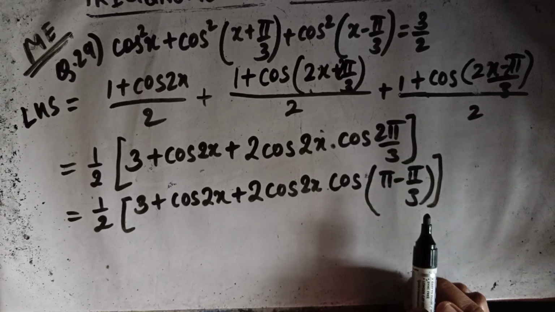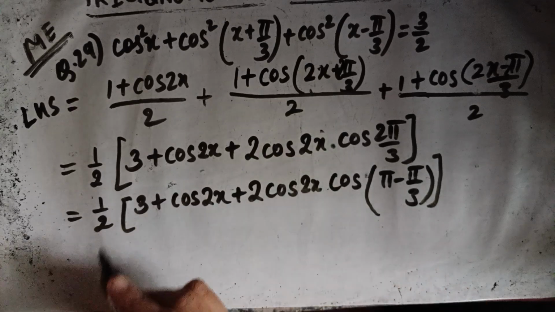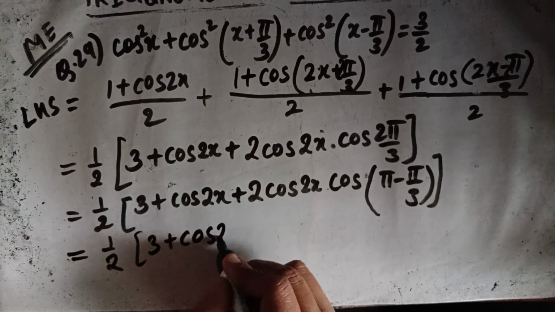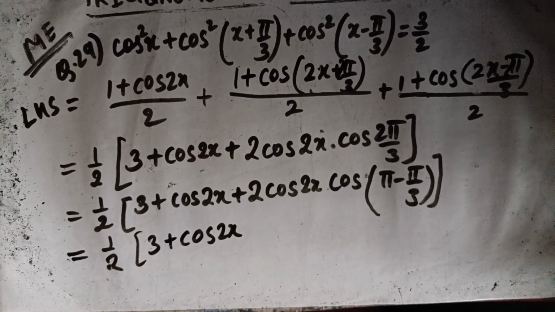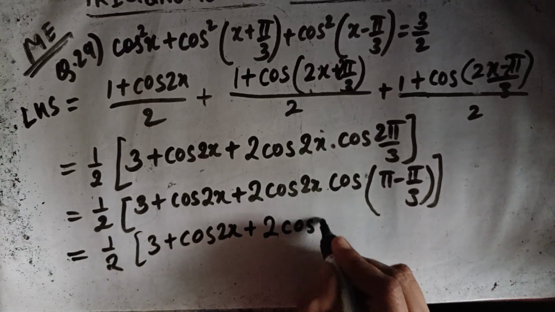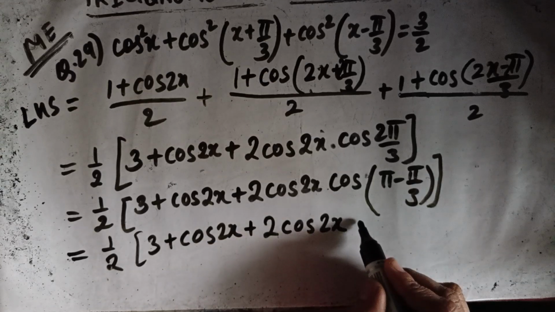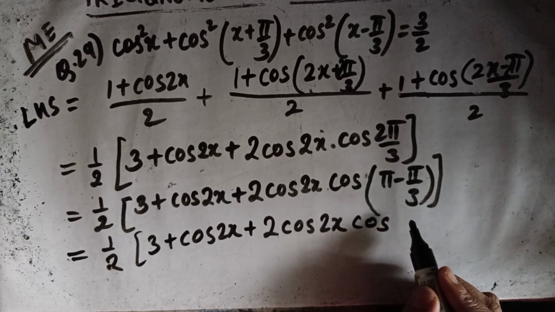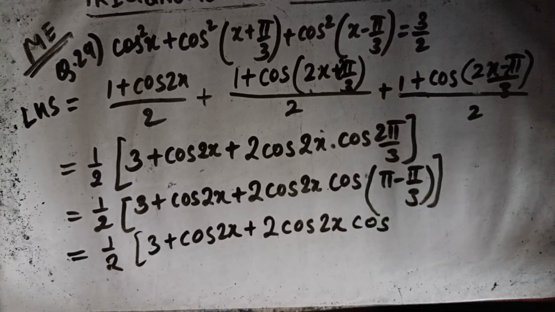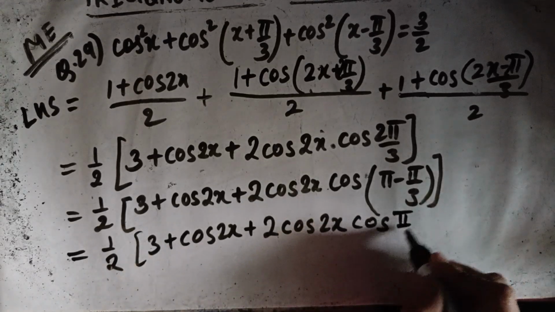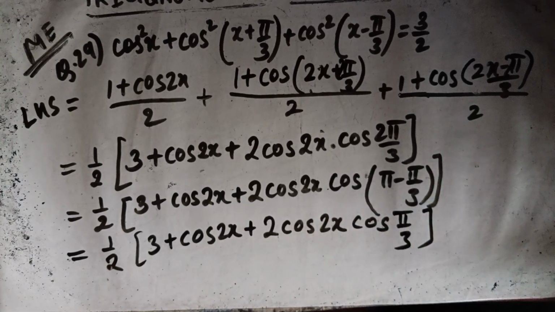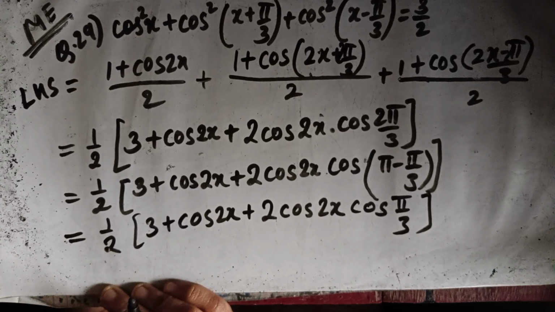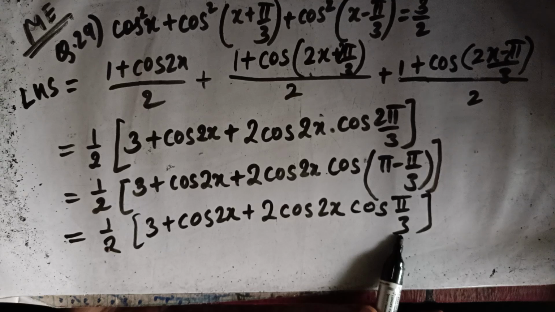So 3 by 2, cos of minus pi by 3. Cos of minus x is cos of x, so it becomes cos 60, and cos 60 is half.